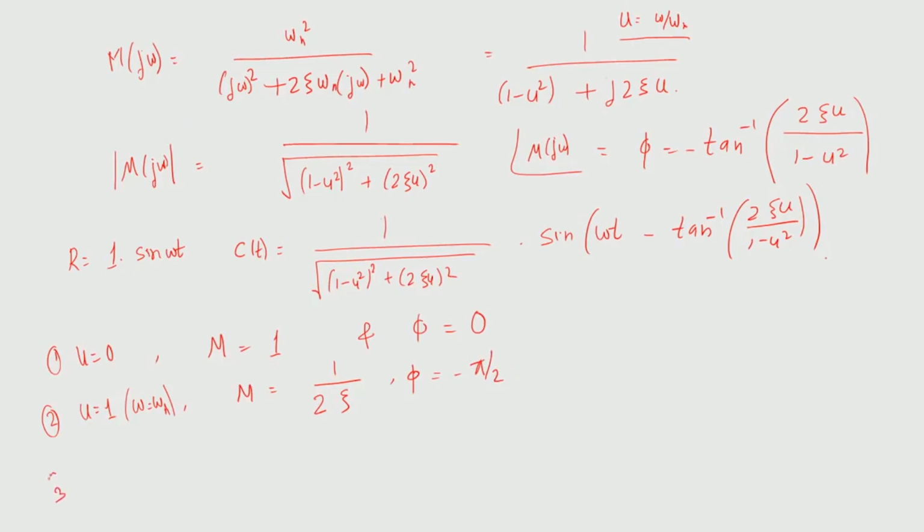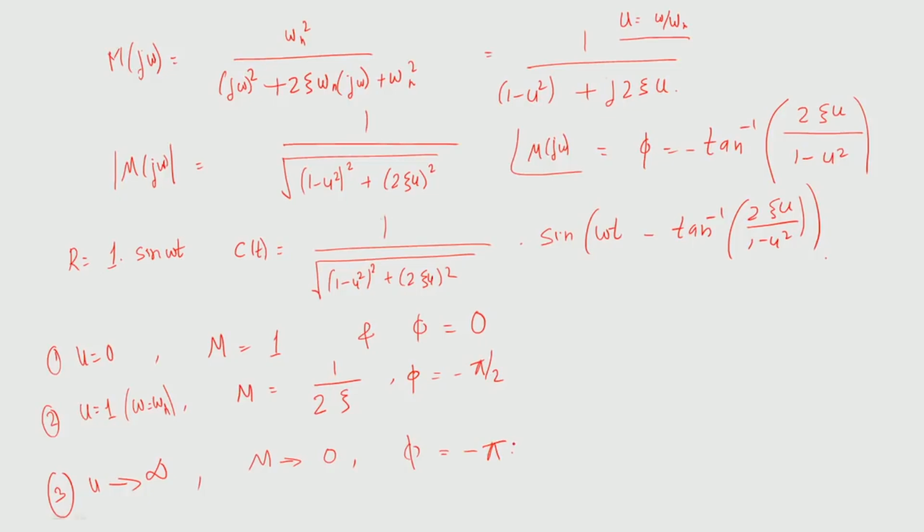Okay. Third, for very large values of frequency, when u becomes infinity, the magnitude goes to 0, and what happens to the phase? Phi, as u becomes very large, the phase becomes minus pi, right.